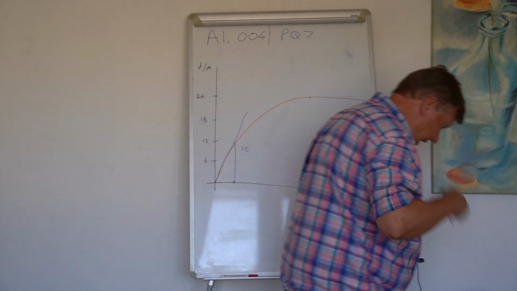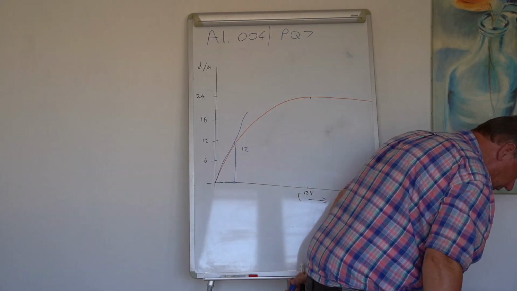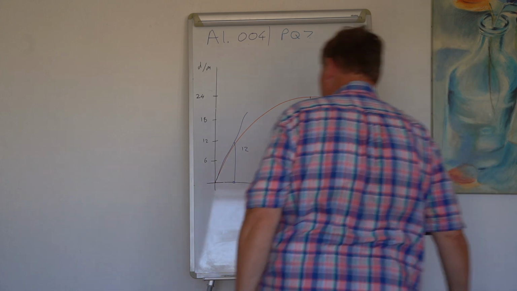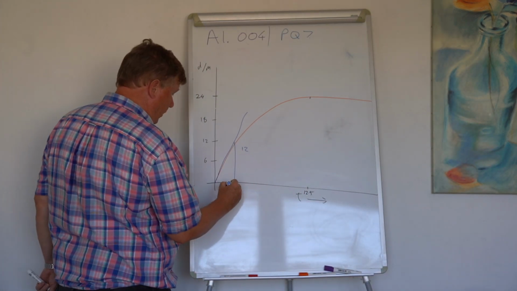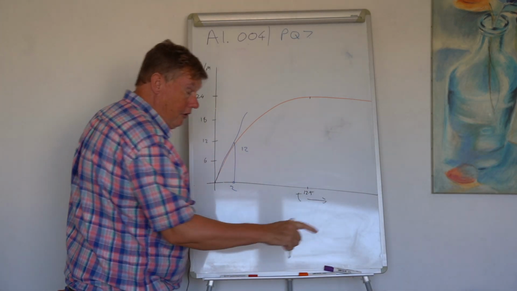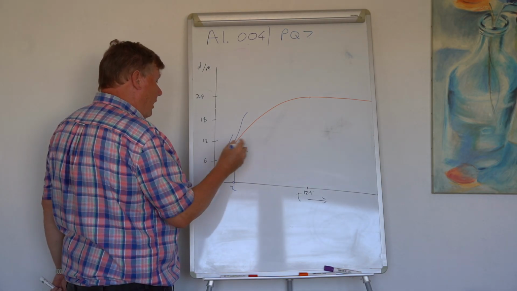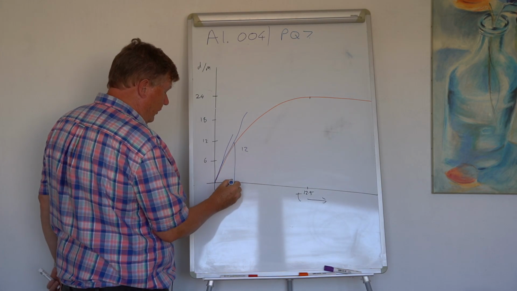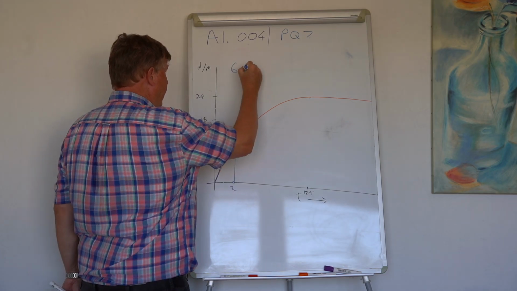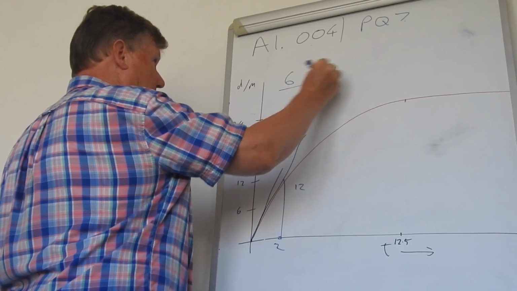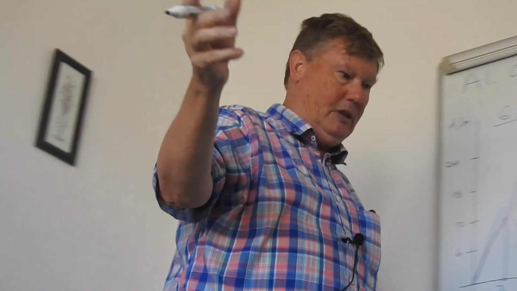And I'm looking back here, a bit less than 2.5. Possibly even 2 seconds. That could be 2 seconds where it crosses the 12. Don't look at the line on the graph, look at your tangent line that you've drawn. So let's say I think it's about 12 meters in 2 seconds, so I reckon the initial speed is about 6 meters per second. It's an estimate.